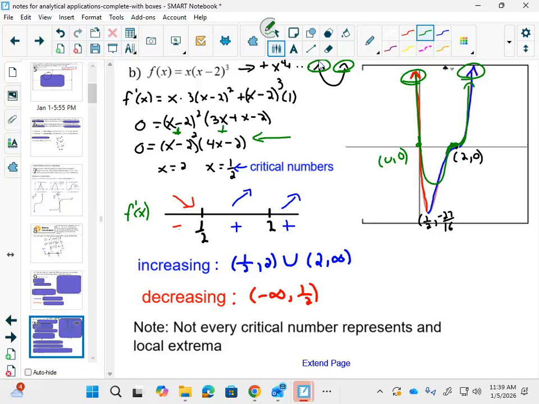And at 2, in order for that tangent to be 0, it's going to have to flatten out. So it's got that bend part built into it. And it has to decrease to this one, then increase afterwards. So it naturally gets that shape, but it's more accurate than your grade 12 graph because now our minimum's in the right spot.